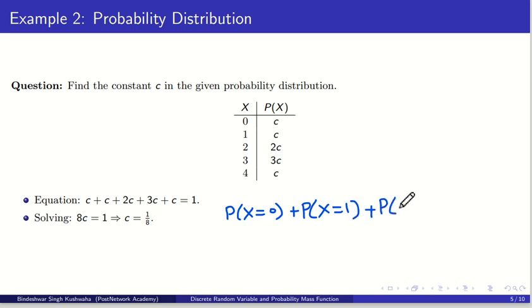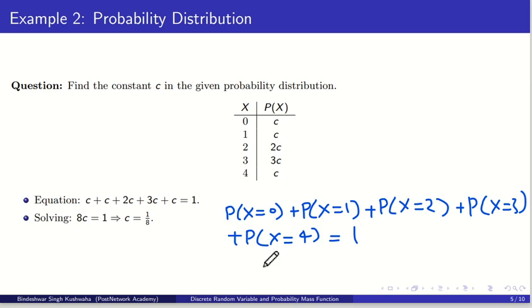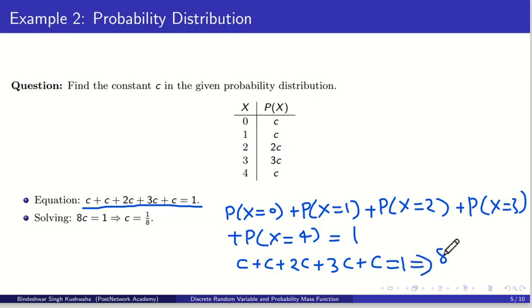The same way, c plus c plus 2c plus 3c plus c is equal to 1. This implies that 8c is equal to 1 and c is equal to 1 upon 8. And here you can also see the same thing.